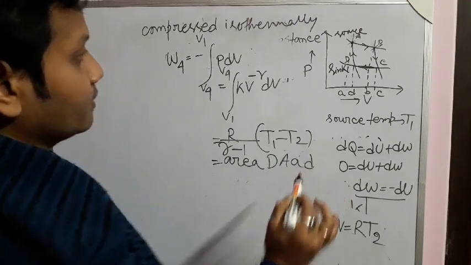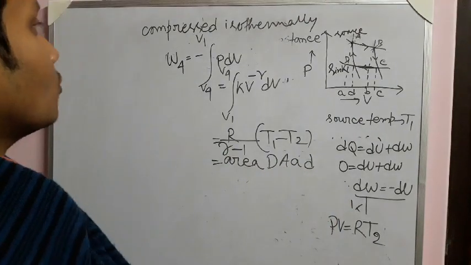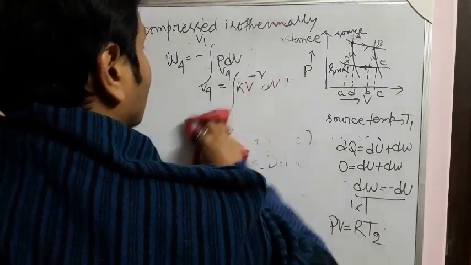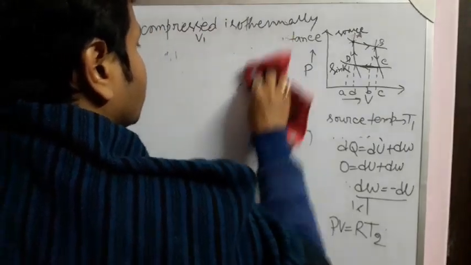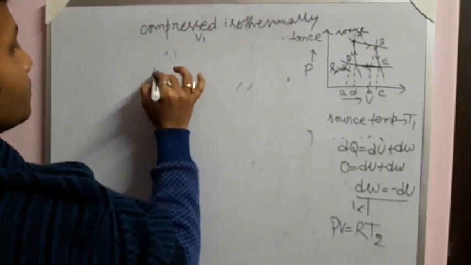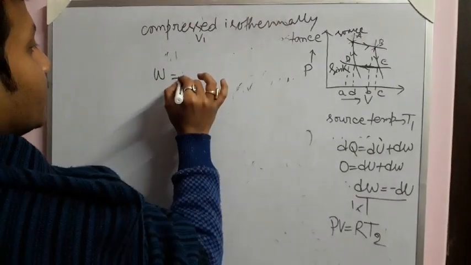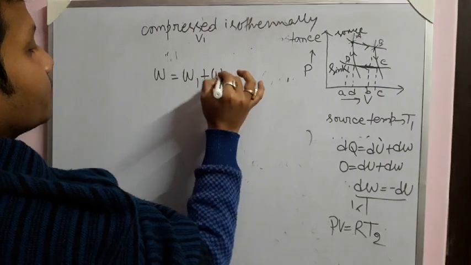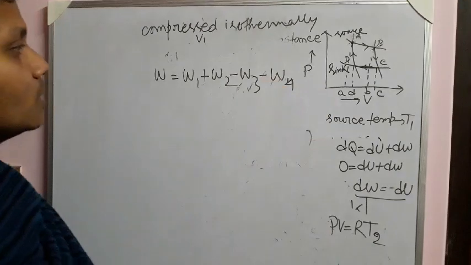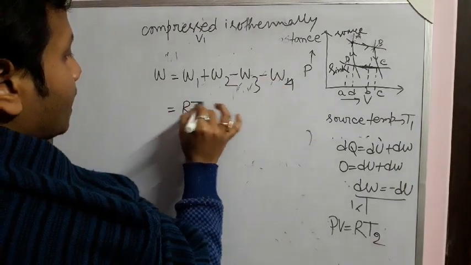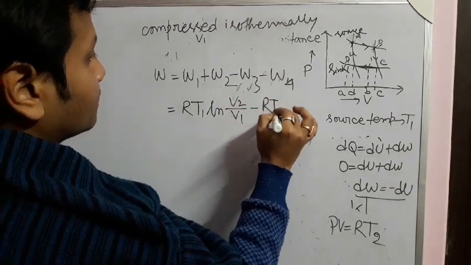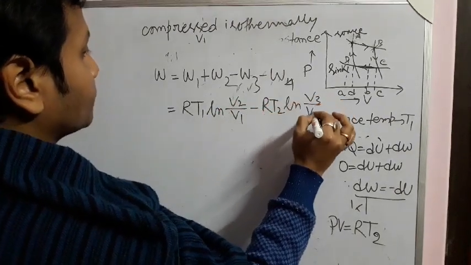Okay, now we have obtained the work done and heat energy absorbed in the 4 steps individually. Now what will be the total amount of work done during the entire cycle? If we call it W, then we give a plus sign to expansions and minus signs to compressions. So if you substitute those values, you will get RT1 ln V2 by V1 minus RT2 ln V3 by V4.